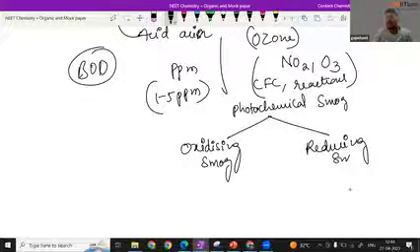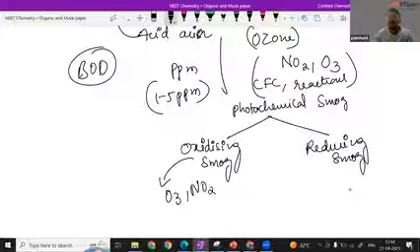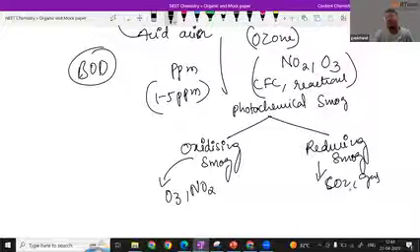In oxidizing smog, we have oxidizing agents like NO3 and NO2. In reducing smog, sulfides will be there, and along with that, CO2 and smoke fumes. This occurs in humid weather and dry climate, and at cold and warm conditions.